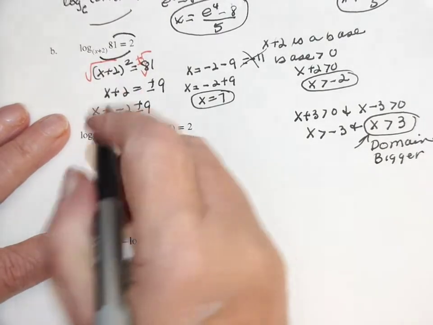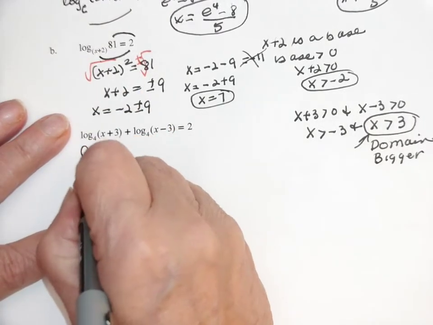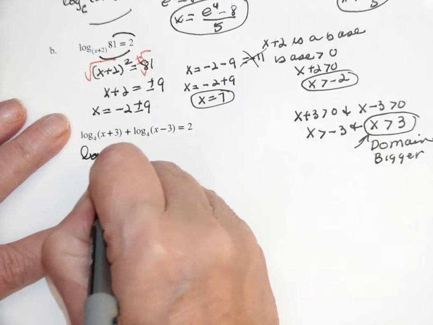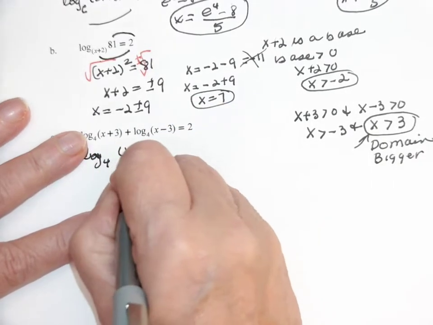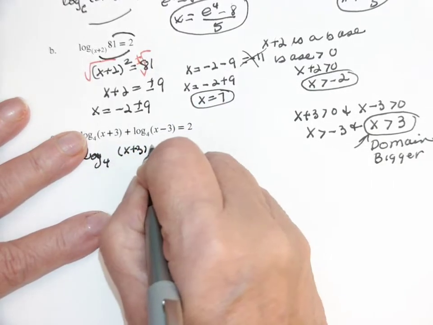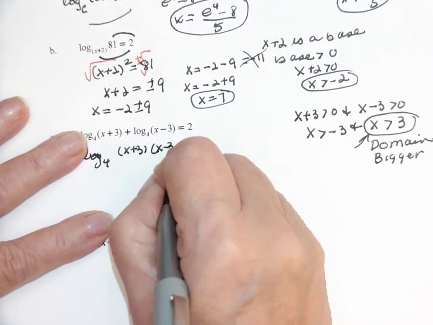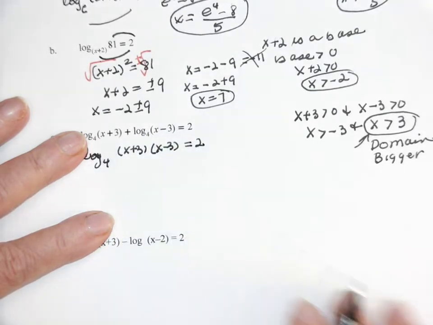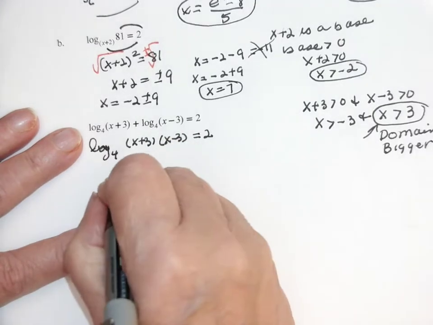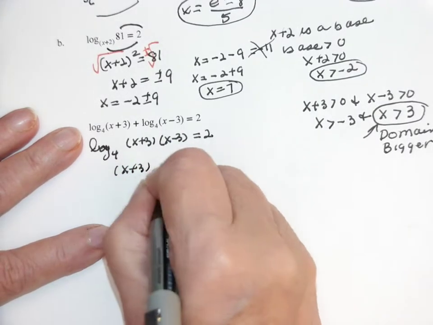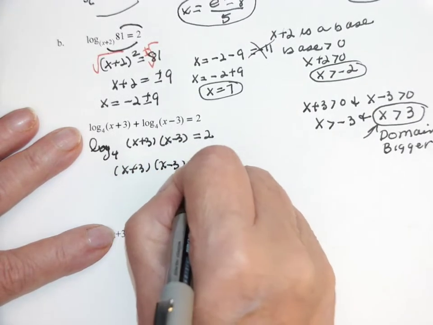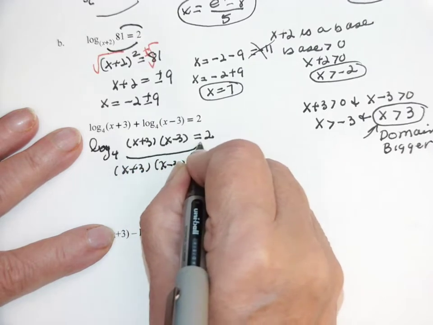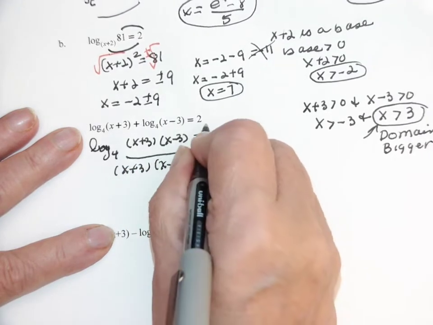Properties of logs has you bringing these together. So log base 4 of x plus 3 times x minus 3 equals 2, or x plus 3 times x minus 3 equals, rewrite this, 4 squared.